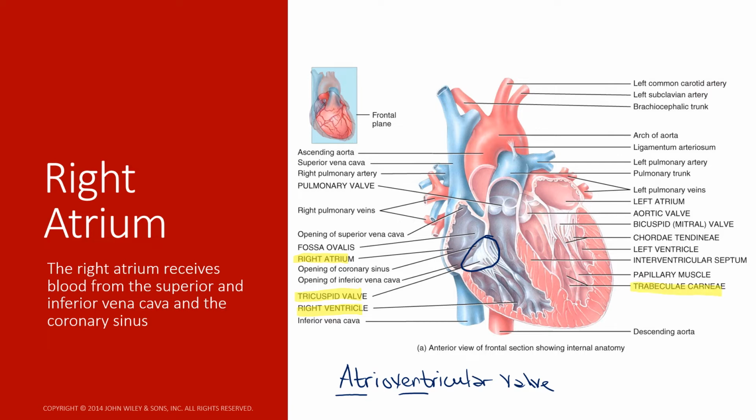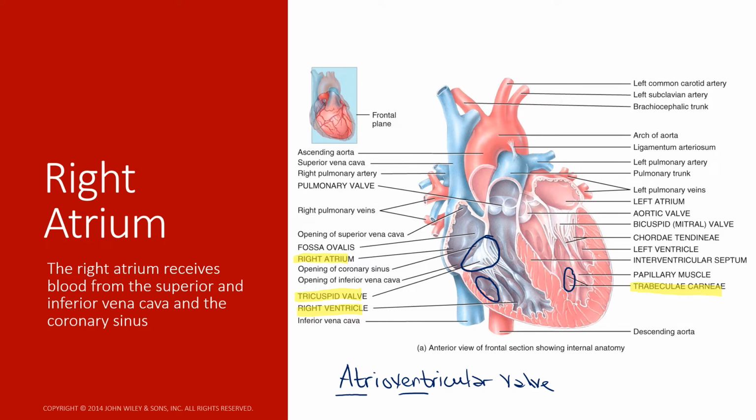And you can see that they're labeled here in the left ventricle. You can see these here, but they're also found here in the right ventricle as well. Some of these trabeculae carneae actually help to convey part of the conduction system of the heart. So they help that electricity to move through the heart in a heartbeat.